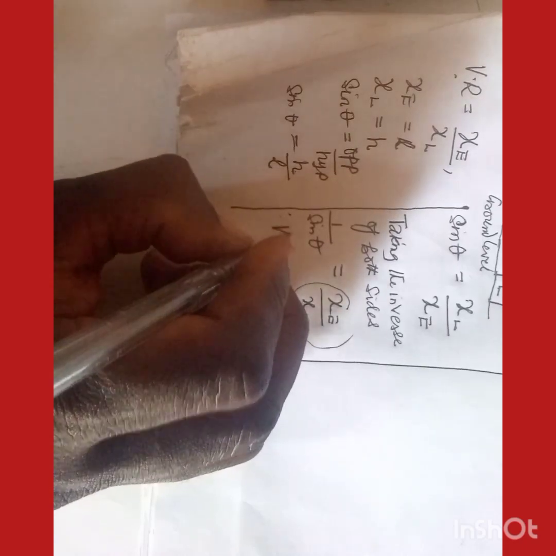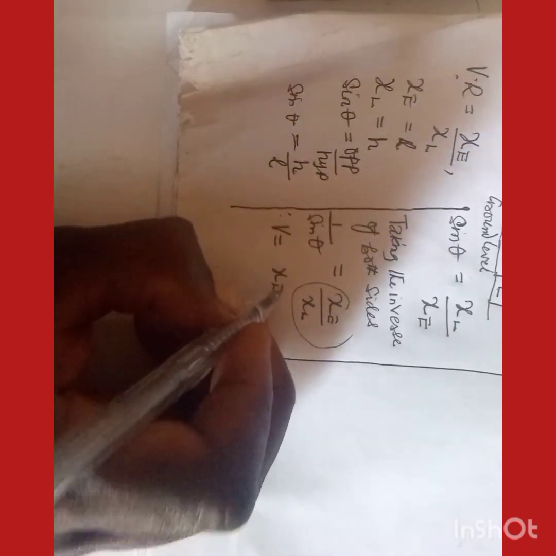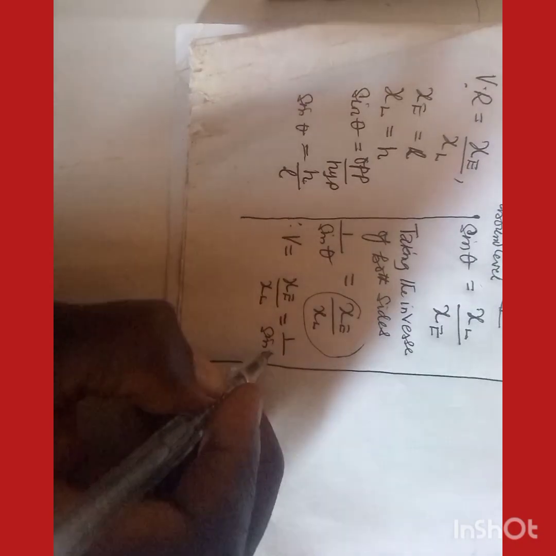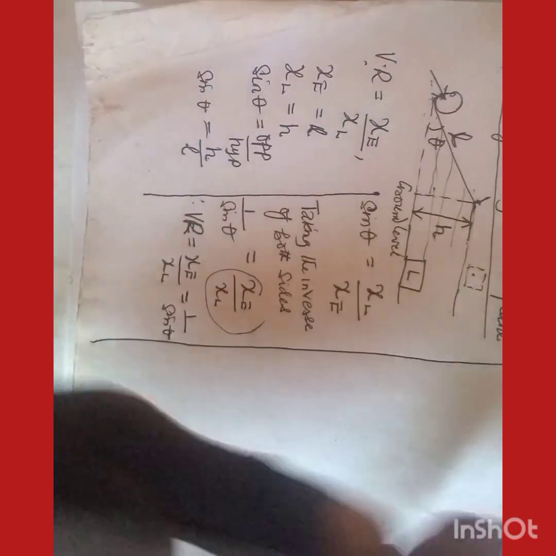Therefore, our velocity ratio is equal to xE over xL, and is equal to 1 over sine theta. So the velocity ratio of inclined plane is given as VR equals 1 over sine theta, or simply cosec theta.